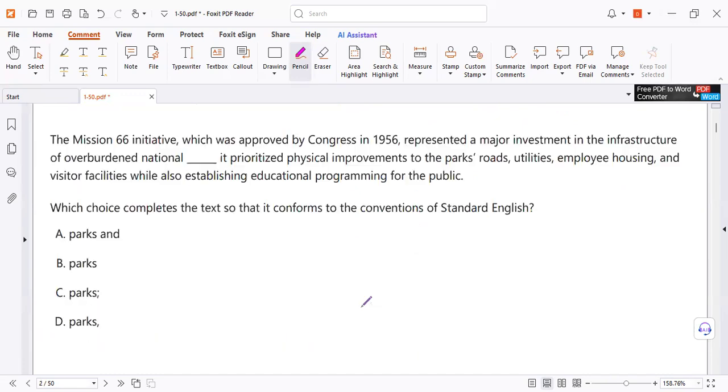Number 2. Okay, number 2. Letter B. I think it's letter B. Do you have any reason?